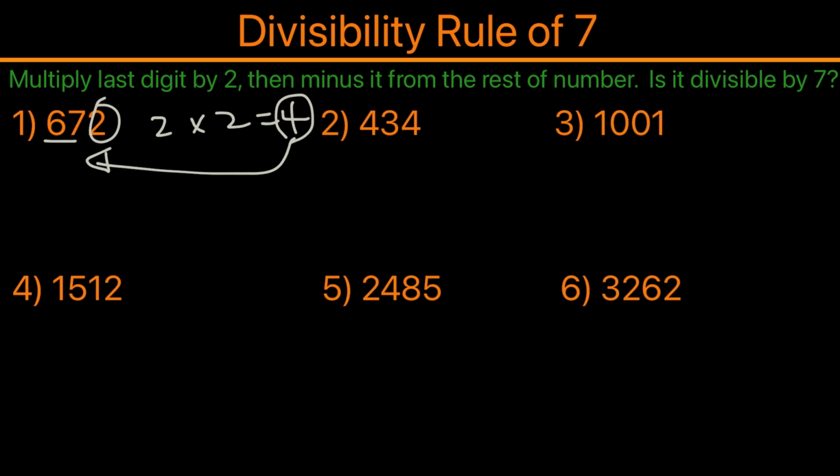And then we're going to subtract this number from 67. This becomes 63. Now, is 63 divisible by 7? And the answer is yes, because it becomes 9. And therefore, it checks out that the first example is divisible by 7.